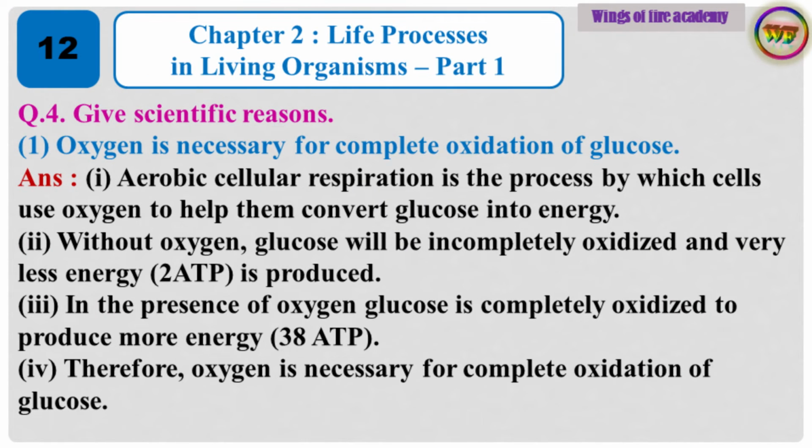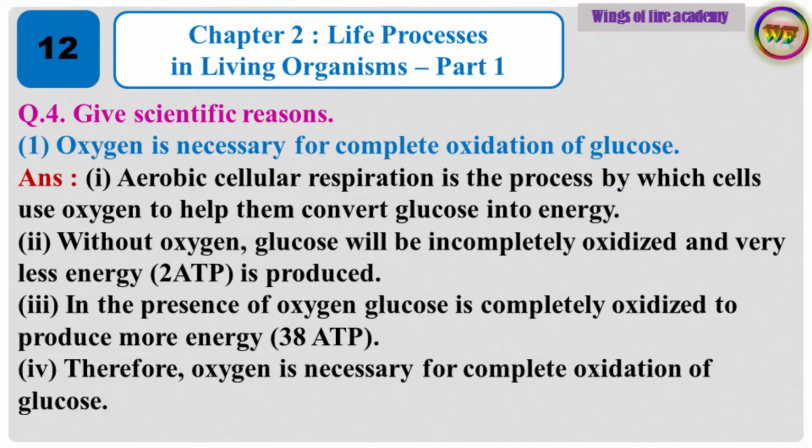Question 4. Give scientific reasons. Sub-question 1. Oxygen is necessary for complete oxidation of glucose. Answer. 1. Aerobic cellular respiration is the process by which cells use oxygen to help them convert glucose into energy. 2.